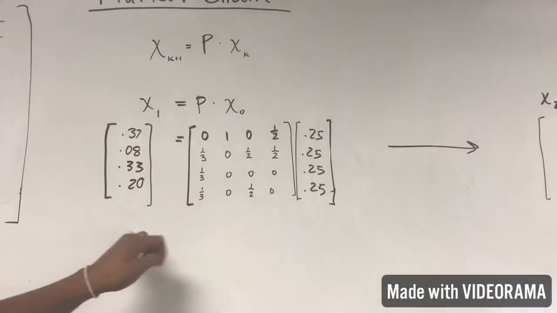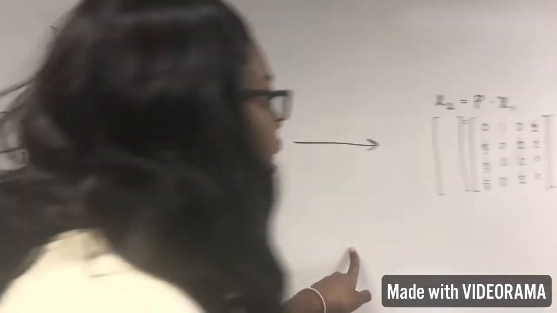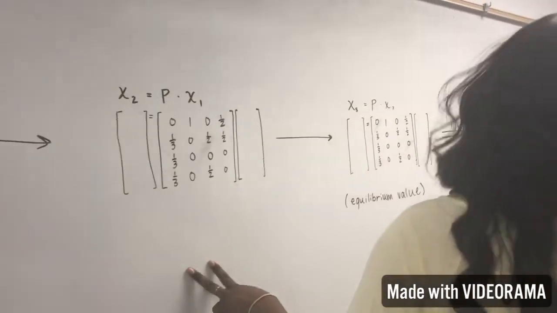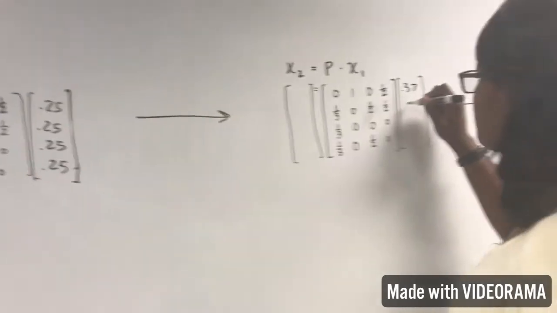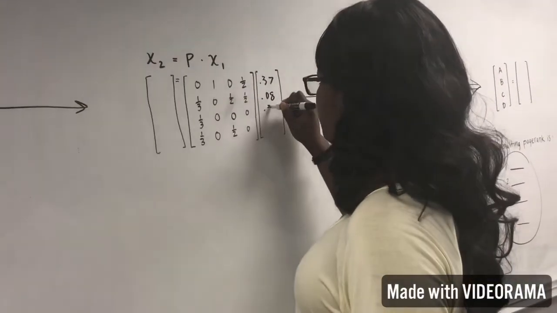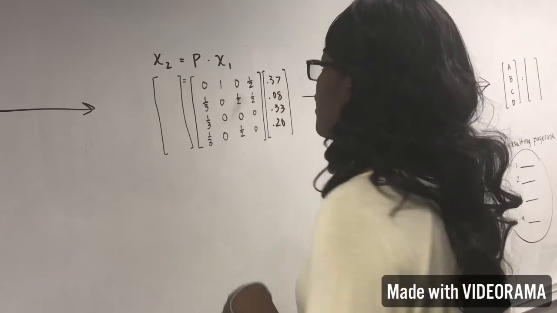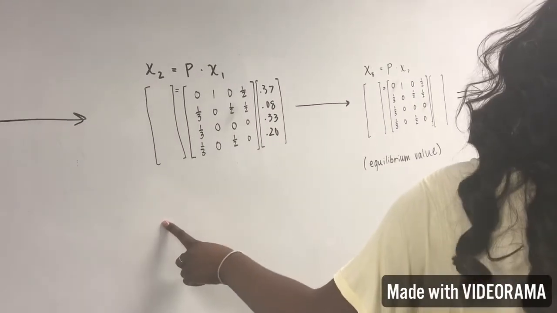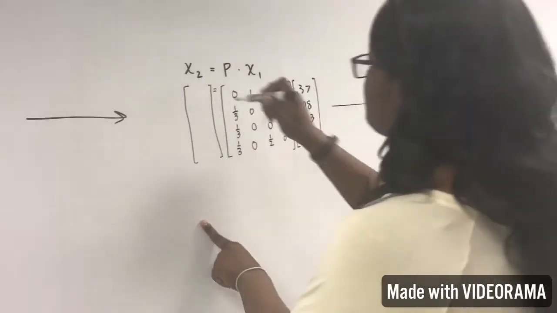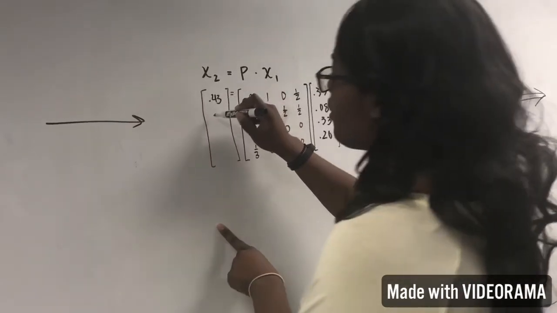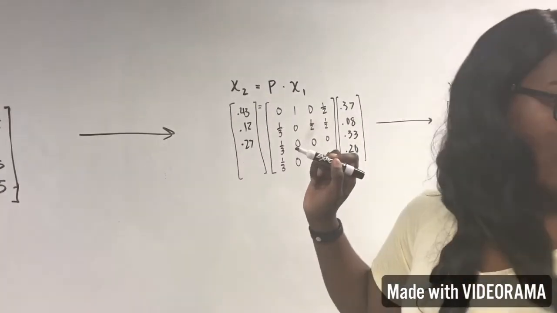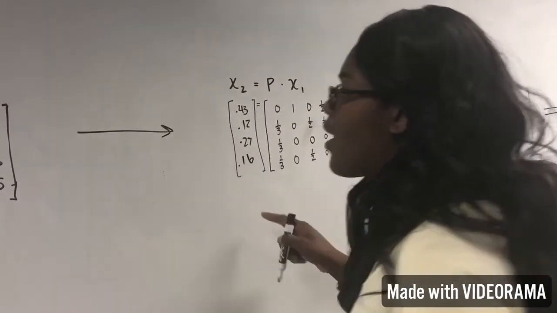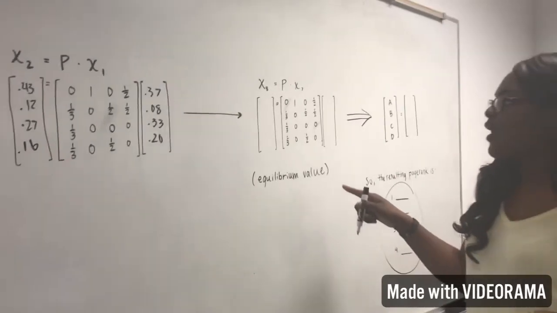Since this does not equal the previous vector, we continue to our second step, where we plug in our x1, 0.37, 0.08, 0.33, 0.20, to equal our x2, which will now be 0.43, 0.12, 0.27, and 0.16.